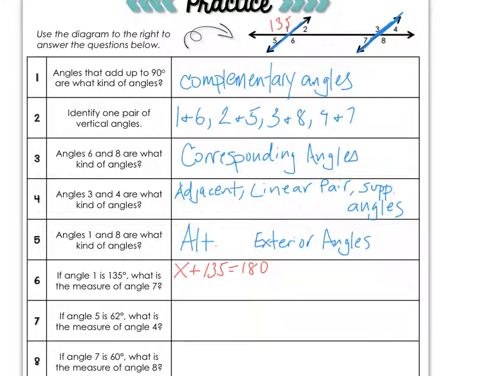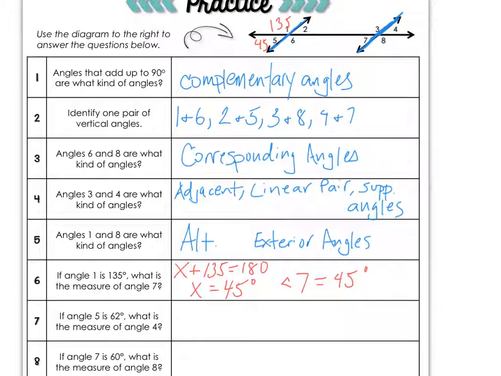It's a one-step equation. Subtract 135 from each side, and we get 45, in degrees. So now I know angle 5 is 45 degrees. And because my lines are parallel, 5 and 7 are corresponding angles. I know angle 7 has to be equal to 45 degrees.